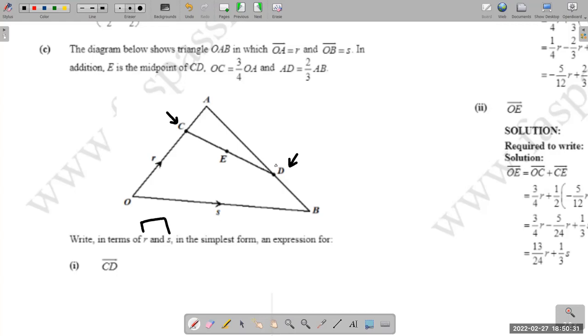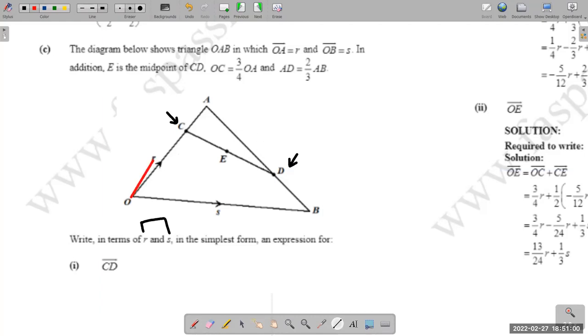Because guess what? To find CD, let's do a path. Let's say we're starting from O. Remember, we always find our path. So don't even worry about the letters yet. Just find one way to get from one point to CD, okay? So I want to get to CD.